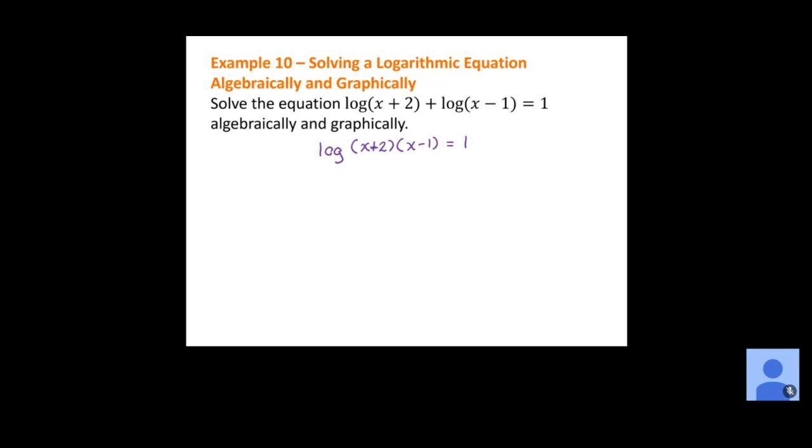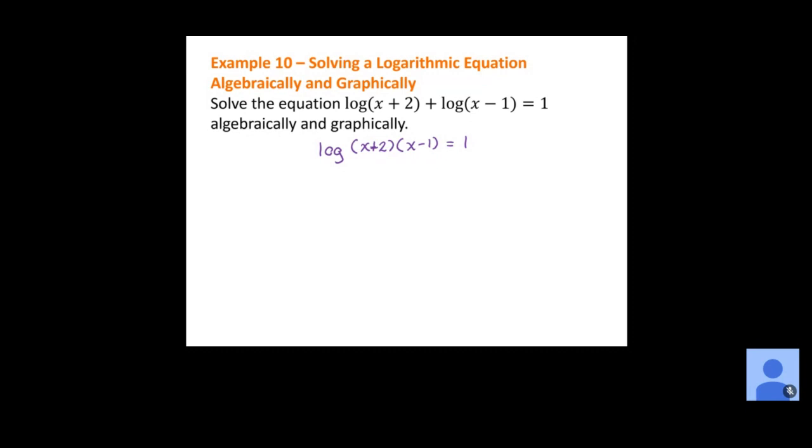Once we've combined those, now we have that single logarithm. What can we do from there? Okay, good. So let's rewrite it in exponential form. So what would the exponential form look like this time? Good.